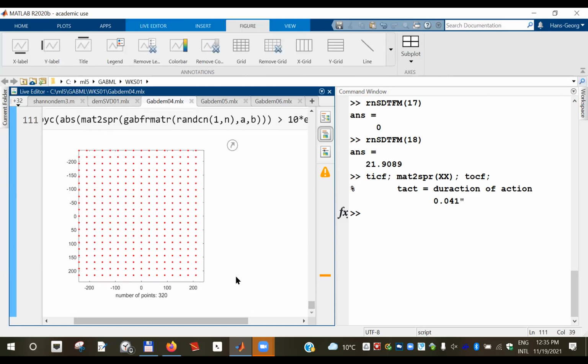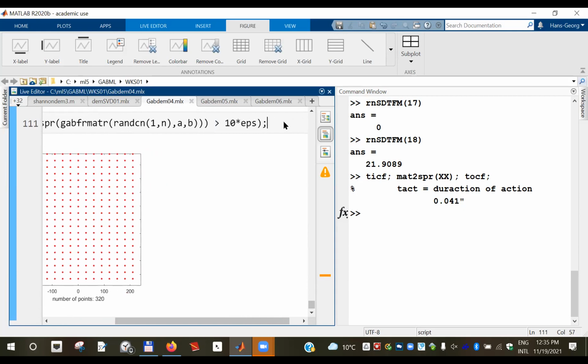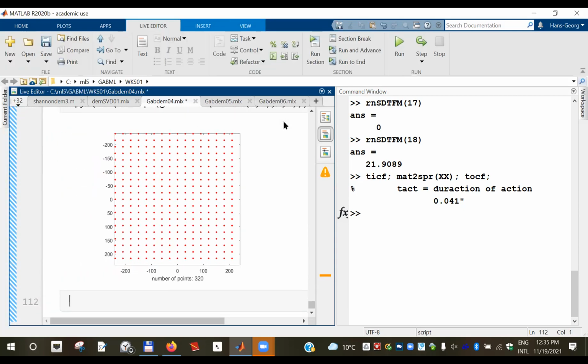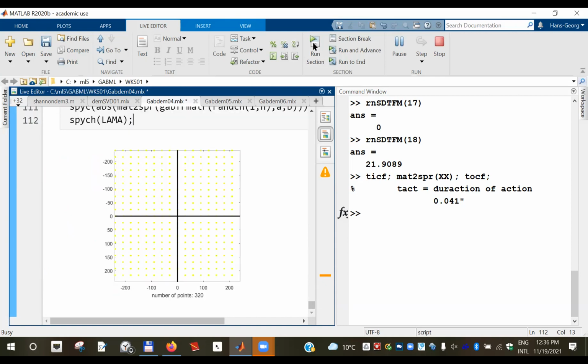So this was the end of this demonstration, and I have to demonstrate it now. I will try to do a spy of the window. If it works, it should demonstrate that I'm now plotting the points of this adjoint lattice.